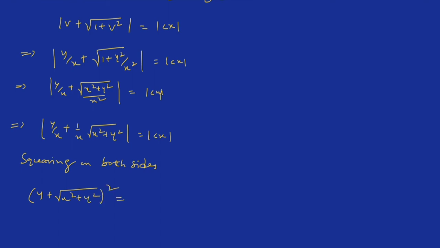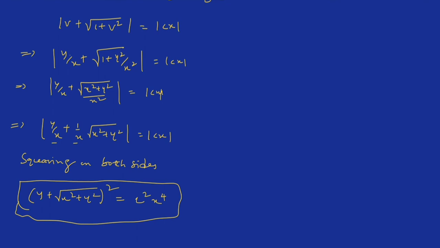We take the denominator x square to the RHS, so it becomes already x square there. So again these two x squares we get here. So what we get finally is c square x to the power of 4, which is nothing but our required solution.